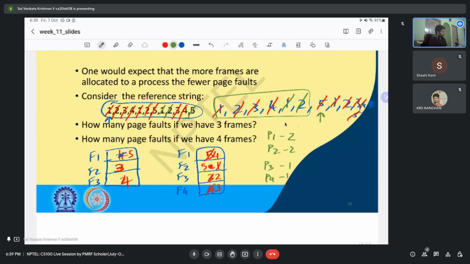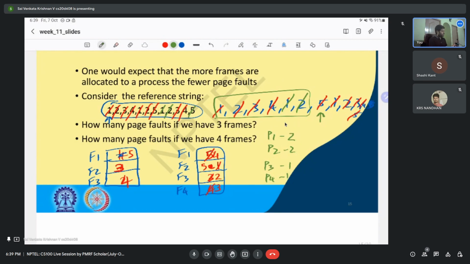So if you consider LRU, it wouldn't have replaced P1 or P2 to get in the fifth page. Instead, it would have chosen one of P3 or P4, right? Whereas FIFO blindly considers whatever was accessed first should be thrown out.